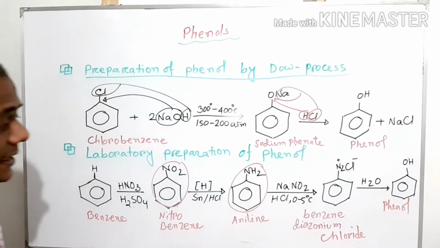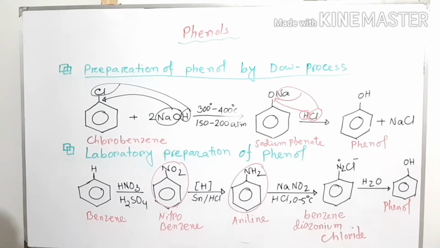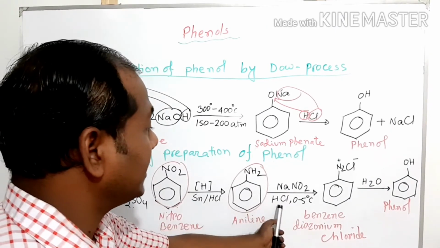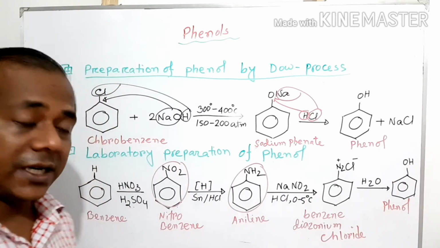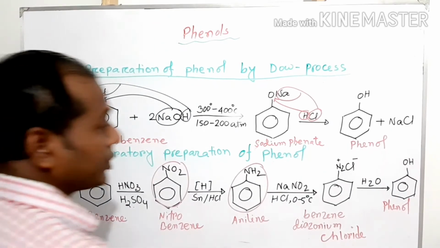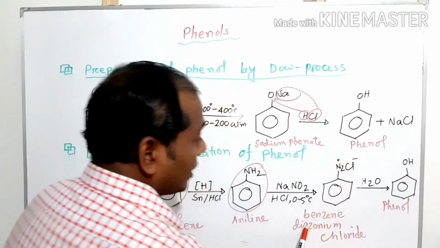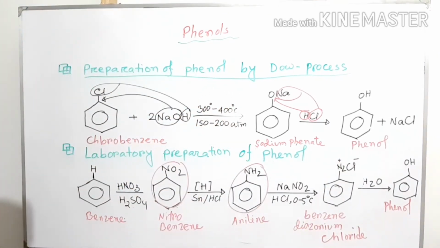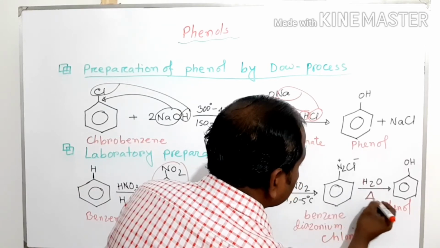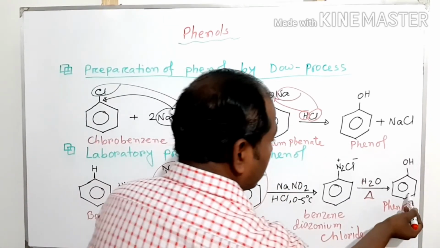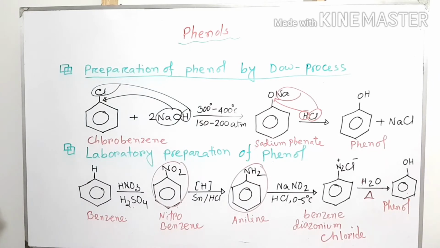This aniline reacts with sodium nitrite and HCl. The condition is 0 to 5 degrees centigrade temperature, and then we get benzene diazonium chloride. This benzene diazonium chloride reacts with water in the presence of heat, and we get phenol. This process is laboratory preparation process.